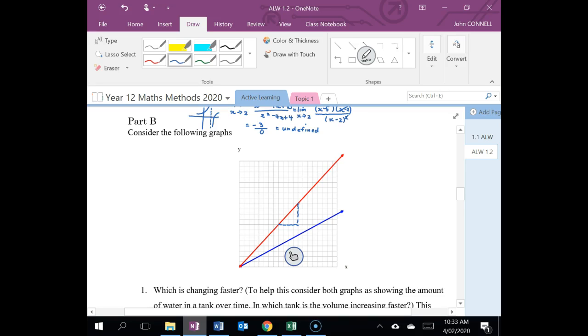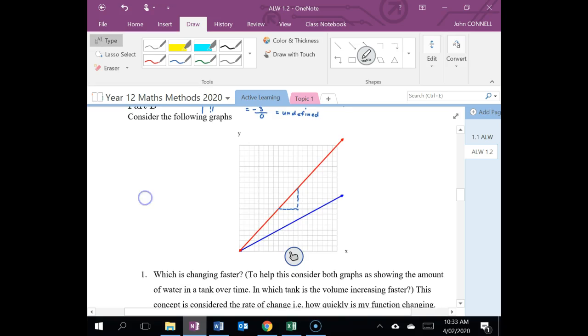That's what our gradient tells us. That's what we want from a rate of change. Remember, a rate is relative to an increase of 1, generally in time, but it doesn't have to be in this case. So for an increase of 1, we've gone up by a certain amount. If we're thinking about volumes in tanks, we could say for an increase of 1 hour, we've gone up by a certain volume. And we can see that the volume on the red graph will have gone up more in that time than the blue graph. Okay?